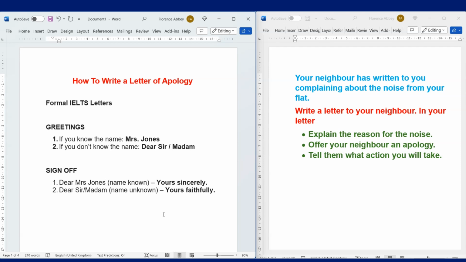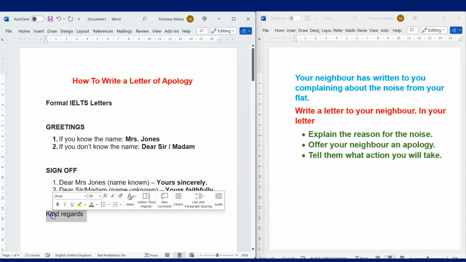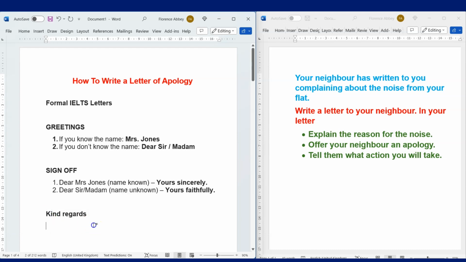You can just write regards, but make sure that you practice these so that you get used to them. So you can use kind regards, especially if you cannot remember how to spell faithfully and sincerely, and you can use it in most of these situations. But remember, if you know the name, use sincerely. If you don't know the name, use faithfully.